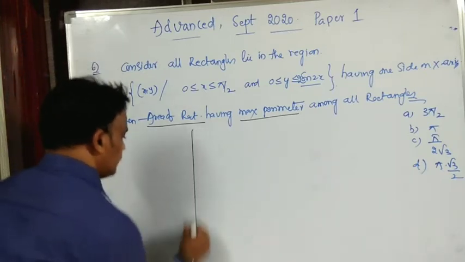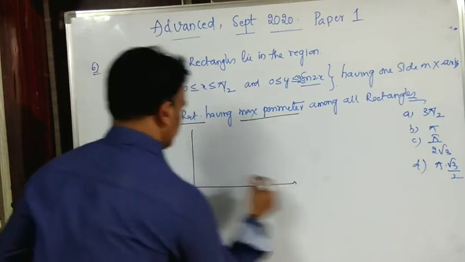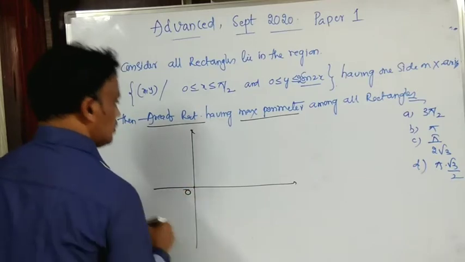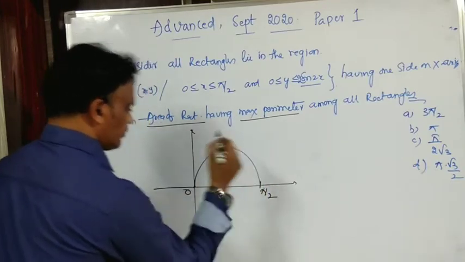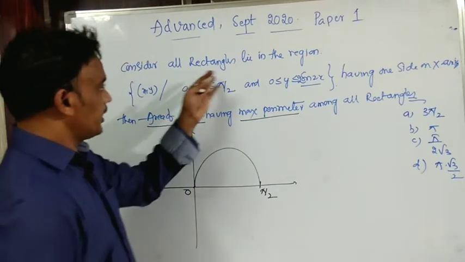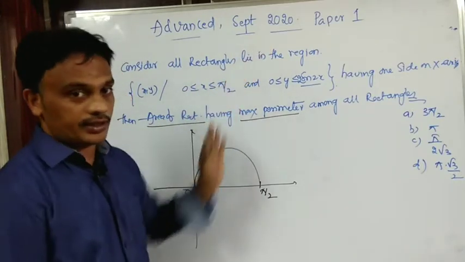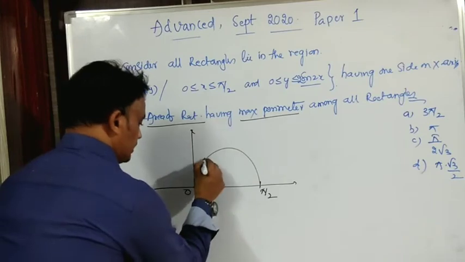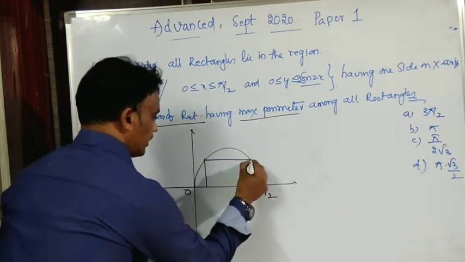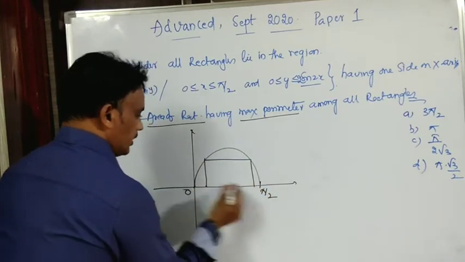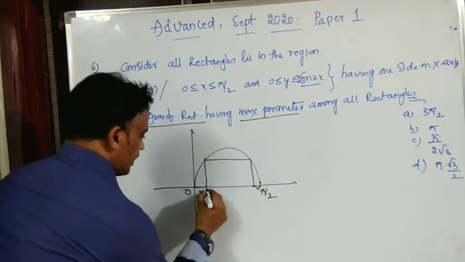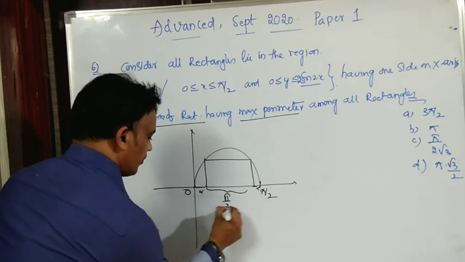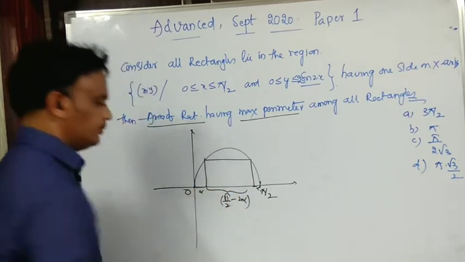Come on, take the graph. X value lies between 0 to pi by 2. So all rectangles lie inside the region only. Take this rectangle. Let us take it as alpha, and its length is pi by 2 minus 2 alpha.